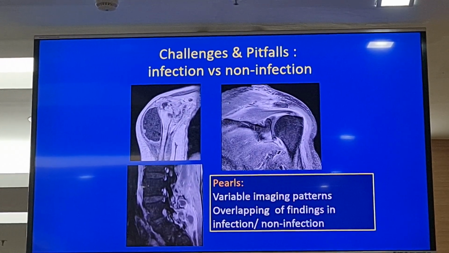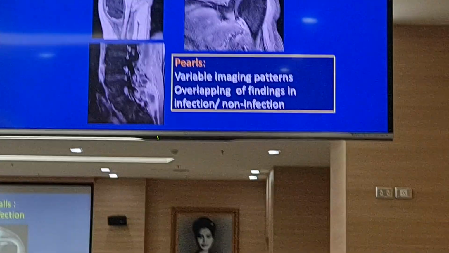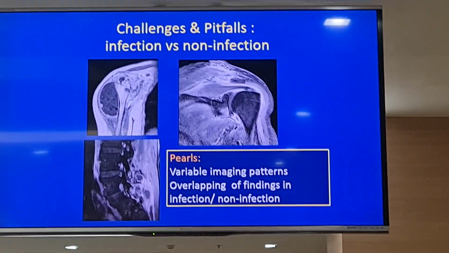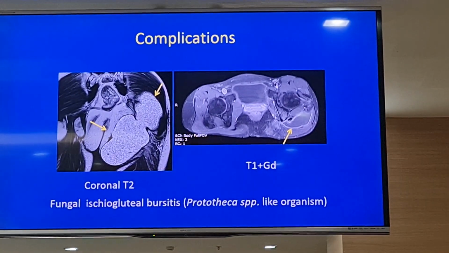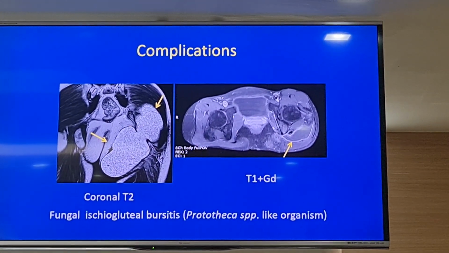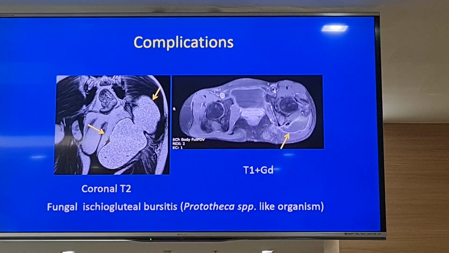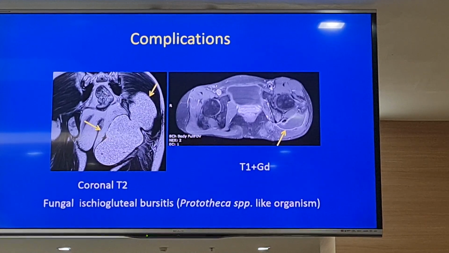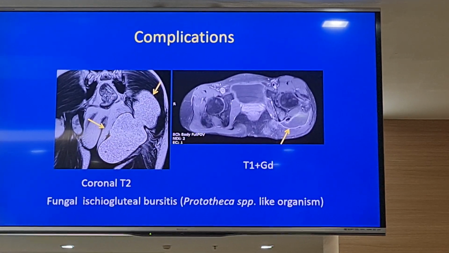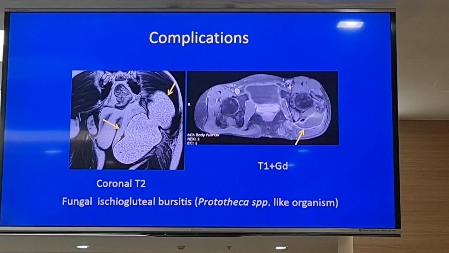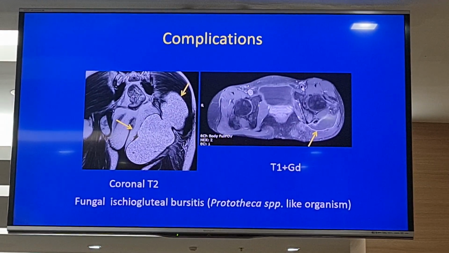And please be aware of crystal deposition disease that may look like an infectious process. And just looking at the lesion of infection is not enough. MRI is very helpful to look at this. This one, you can see, is definitely bursitis with rice bodies.